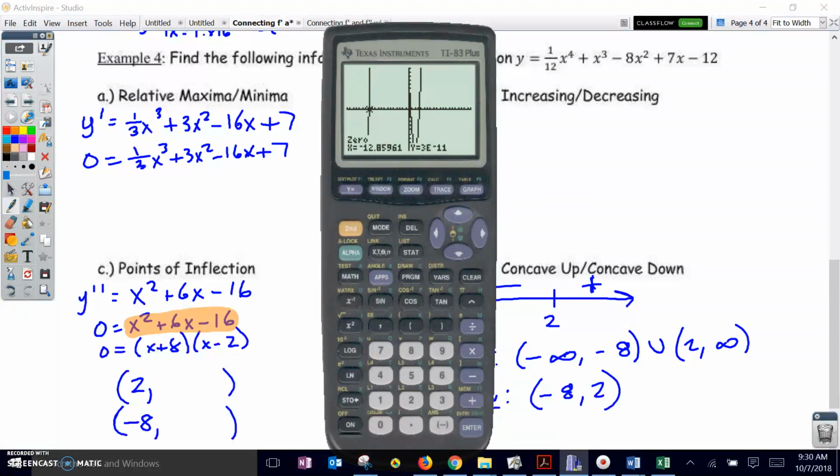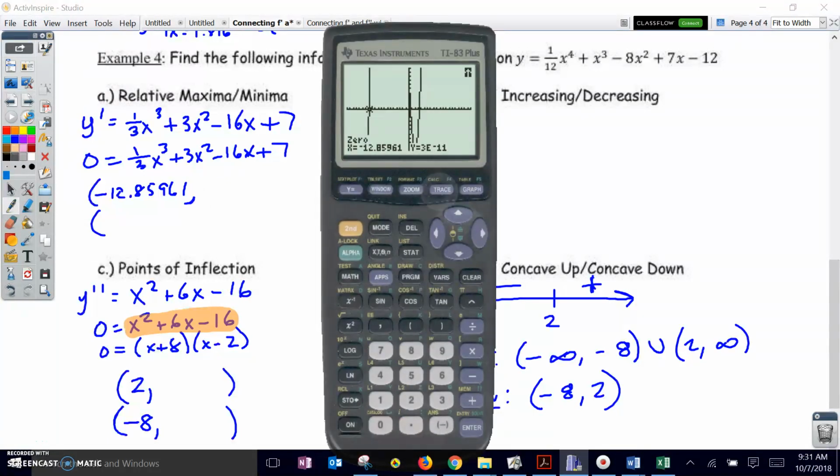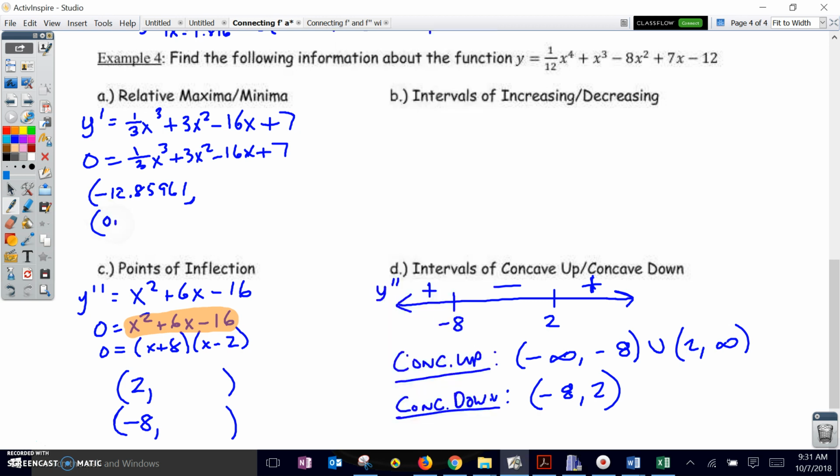So we've got -12.860, or -12.85961. And put that right bound at 2. I get 0.483733.